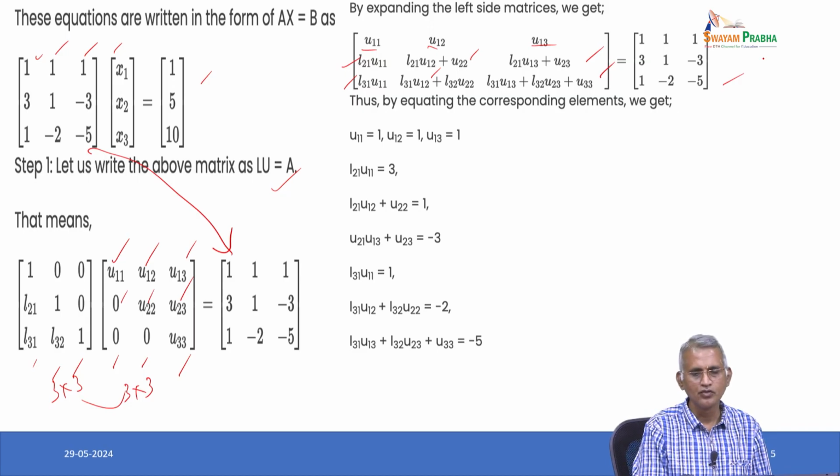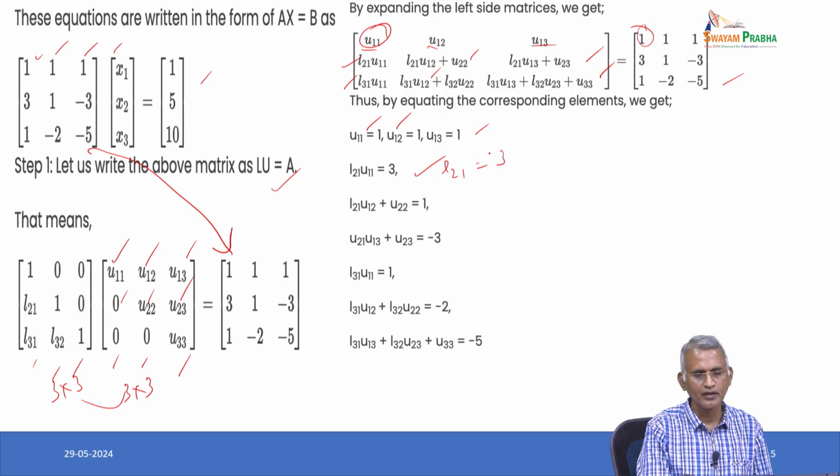Now, when two matrices are equal, the corresponding entries are equal, therefore U11 and 1 are equal. Similarly U12 equal to 1, U13 equal to 1. In the LHS of the matrix, second row first column is L21 into U11 equal to 3, and you already know U11, substitute it, therefore L21 equal to 3.